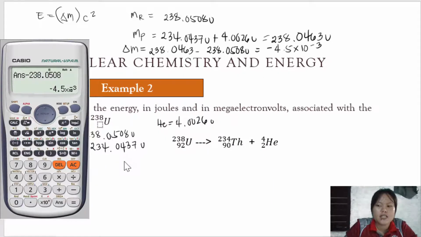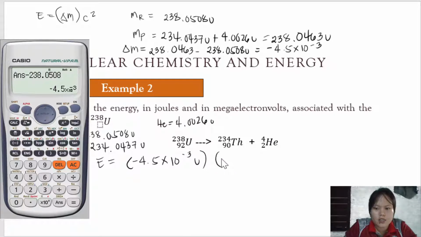So using that delta M, we can now get the value of the energy.